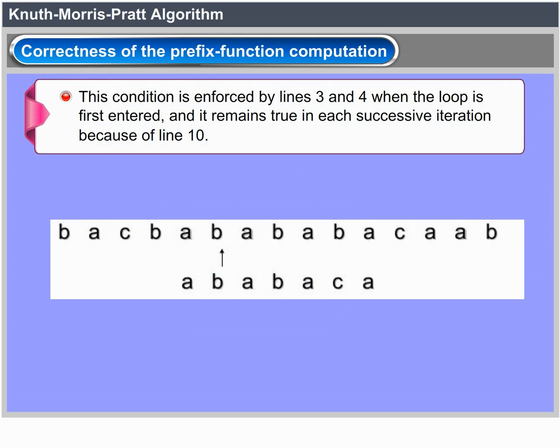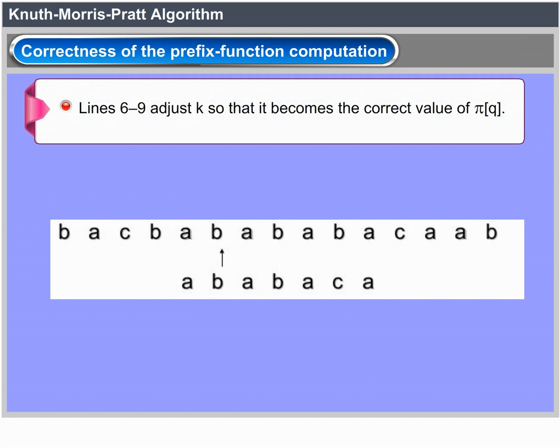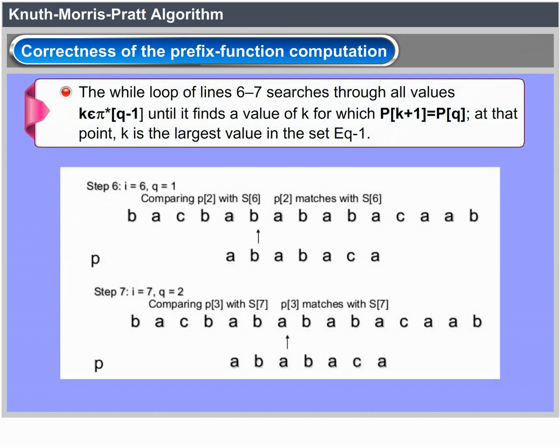Lines 6 to 9 adjust k so that it becomes the correct value of pi of q. The while loop of lines 6 to 7 searches through all values k belonging to pi star of q minus 1 until it finds a value of k for which P of k plus 1 equals P of q. At that point, k is the largest value in the set.